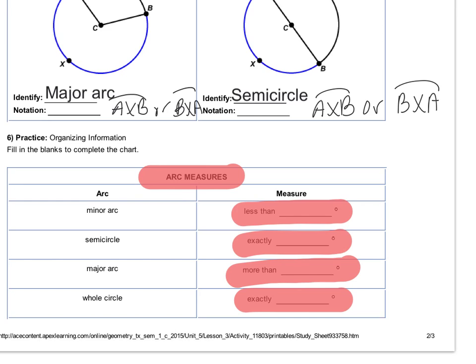As far as the arc measures, a minor arc is always going to be less than 180 degrees. A semicircle will always be exactly 180 degrees. Look for those when it tells you about a diameter. A major arc is going to be more than 180 degrees, but a whole circle, you guessed it, 360 degrees.